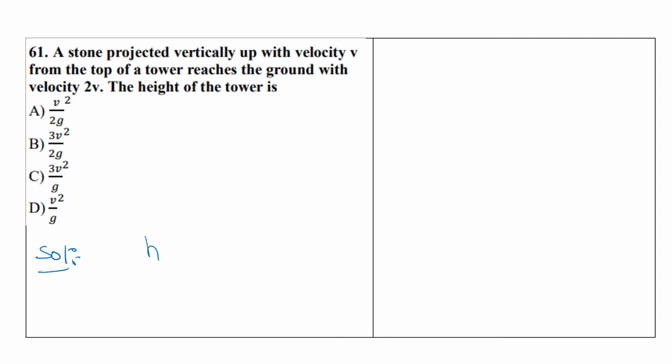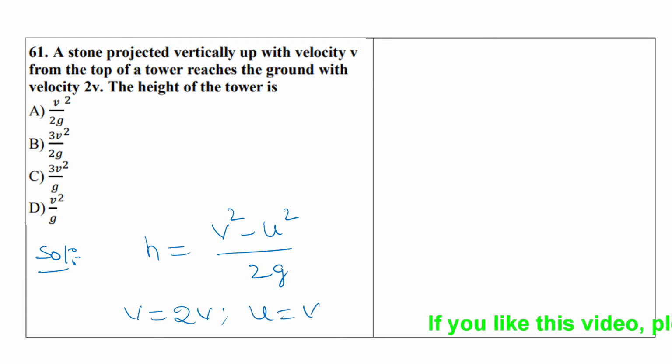Height of the tower h equals v squared minus u squared by 2g. Here they gave the final velocity v as 2v, and u equals v.